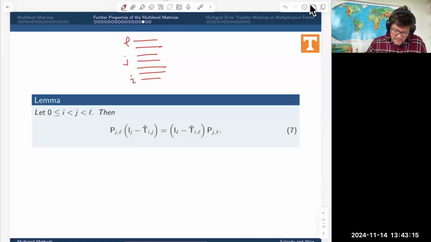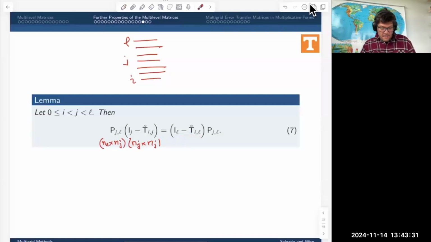So this guy here is a matrix which is of size nJ by nJ. And what about this matrix here? This is going to be nL by nJ. So these are indeed compatible for multiplication, and what I get out in the end is something which is nL by nJ. Now, what about this guy here?